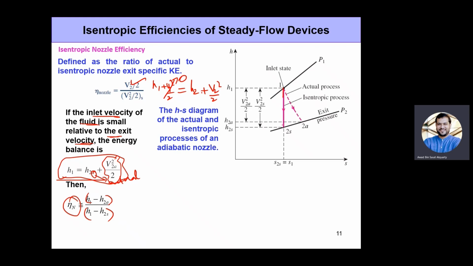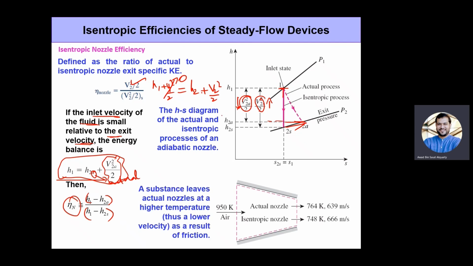The difference between these two, H1 minus H2s, is actually larger. Okay, which basically means that V2s squared by 2 will be larger. On the other hand, if there is irreversibility in the process, then the point 2 has to be to the right of point 2s, which means that the difference in the enthalpies between 1 and 2a is going to be smaller, which essentially means that V2a squared will be smaller.